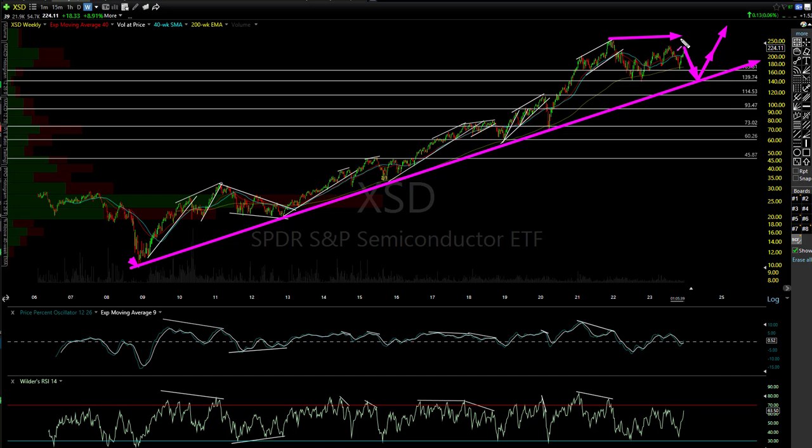So what I'm getting at here is, yeah, I fully expect, if and when we get there, to bounce. And I will most likely, if other things confirm, the broad markets, the QQQ, the other semis, the charts of the big semis themselves, like I did before, cover shorts and go long for a bounce there. However, my more bearish scenario says these secular bull market trend lines break.